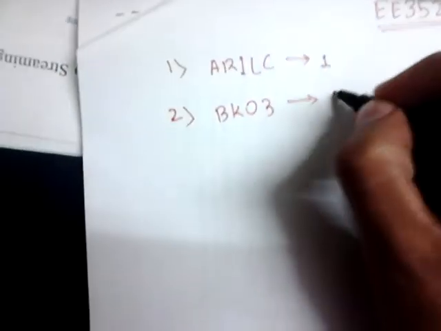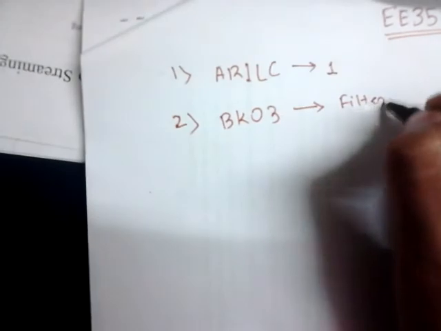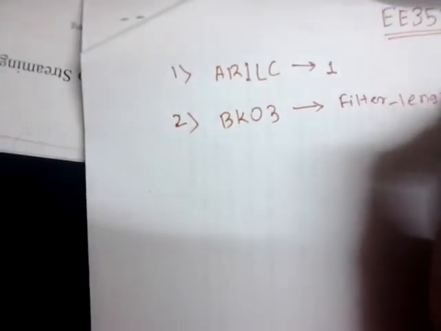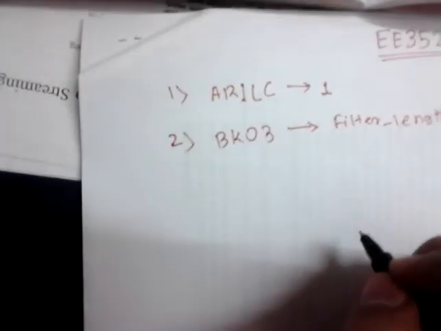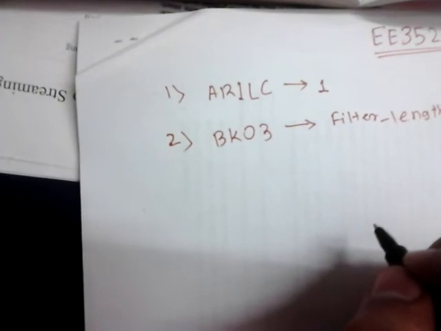In step 2, for circular buffer implementation, store filter length in register BK03. Store starting address of an input array in BSA01 register.